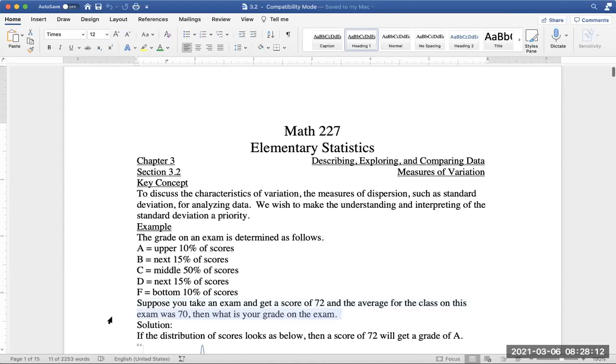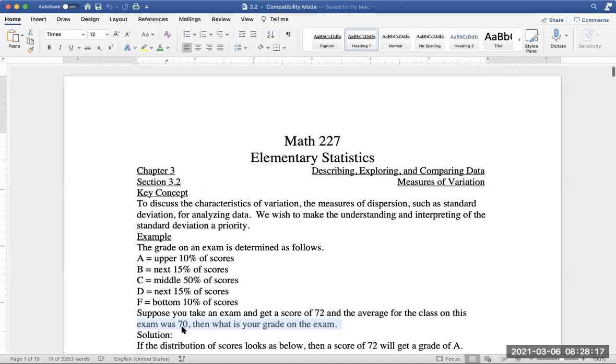What is your grade? So you got a 72 and the average was 70. What's your grade? So if we only need to study measure central tendency, I should be able to figure out your grade from this. Well, what do people think? You got a 72 on your exam? What do you think your grade is?